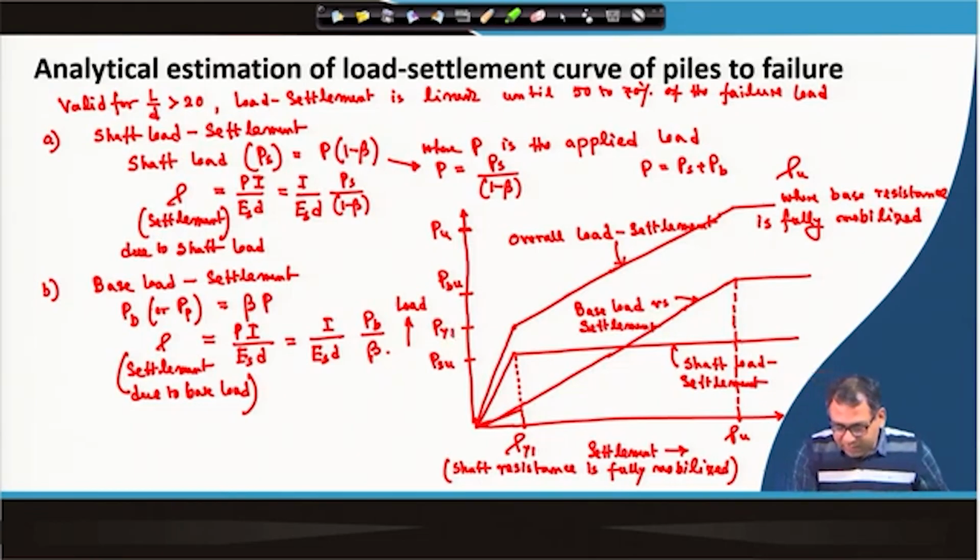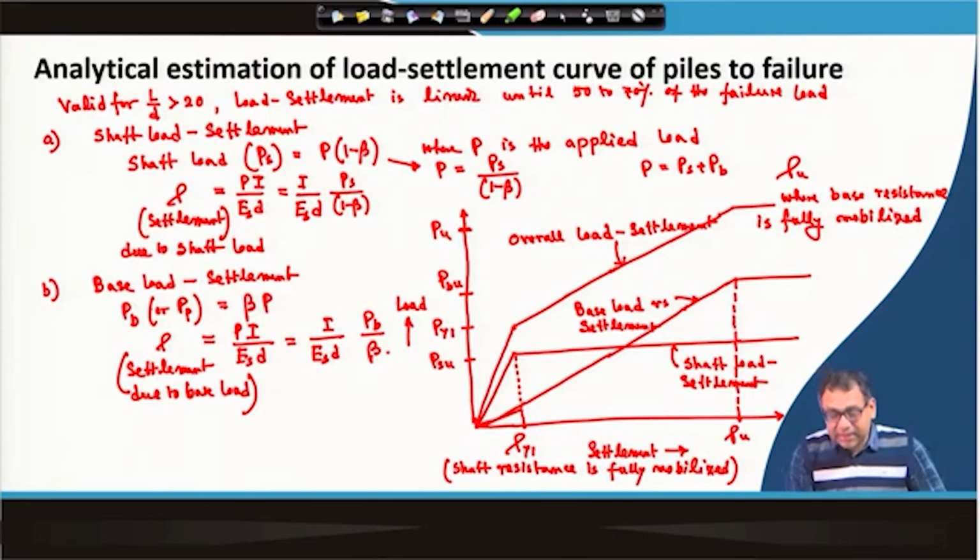Now I am giving an explanation of what these P values are. P s u is the ultimate shaft resistance, P b u is the ultimate base resistance, and P u is the ultimate shaft resistance plus the ultimate base resistance, that means the ultimate load of the pile.